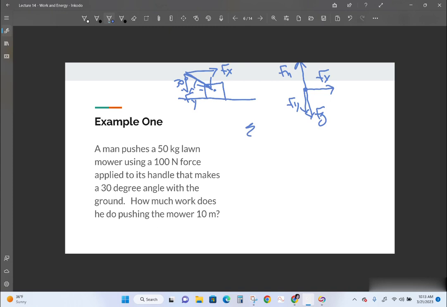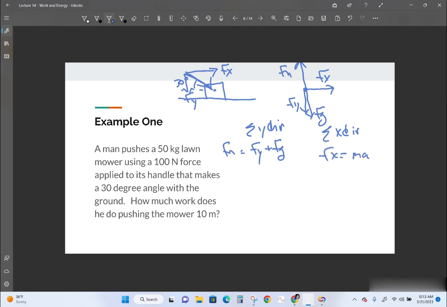So in the y direction, Fn will be equal to the y component plus the weight, because all the forces are adding up to 0. But in the x direction, Fx is causing it to accelerate.